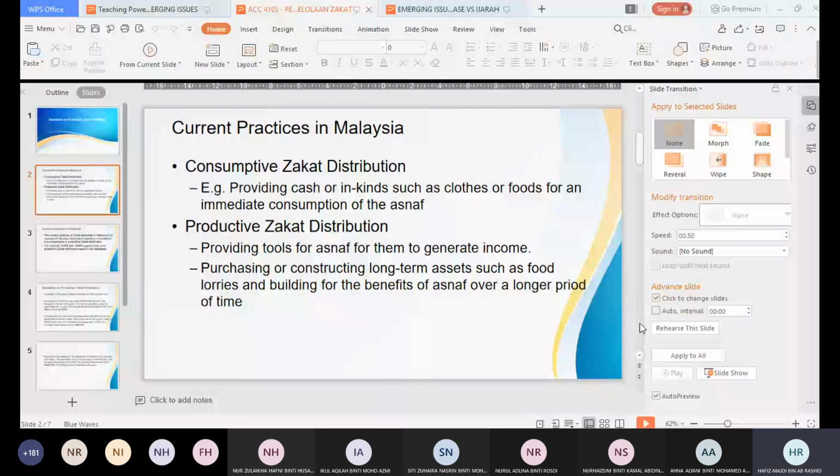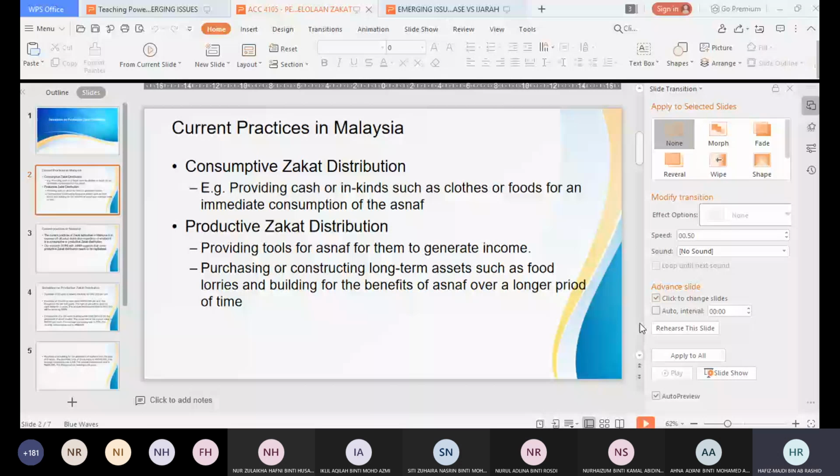Because we understand that some muallaf are sometimes left out by their own family because they converted to Islam. So in order to provide appropriate shelter, they can stay in Darul Hidayah. That is what we call productive zakat distribution.